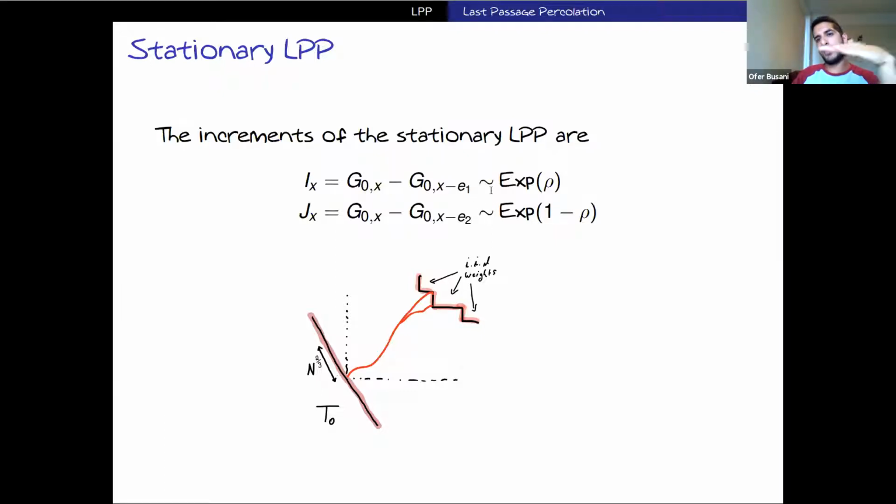If it's horizontal, it's going to be exponential 1 minus rho, and if it's vertical, it's going to be exponential rho. Along a down-right path, these are going to be independent.